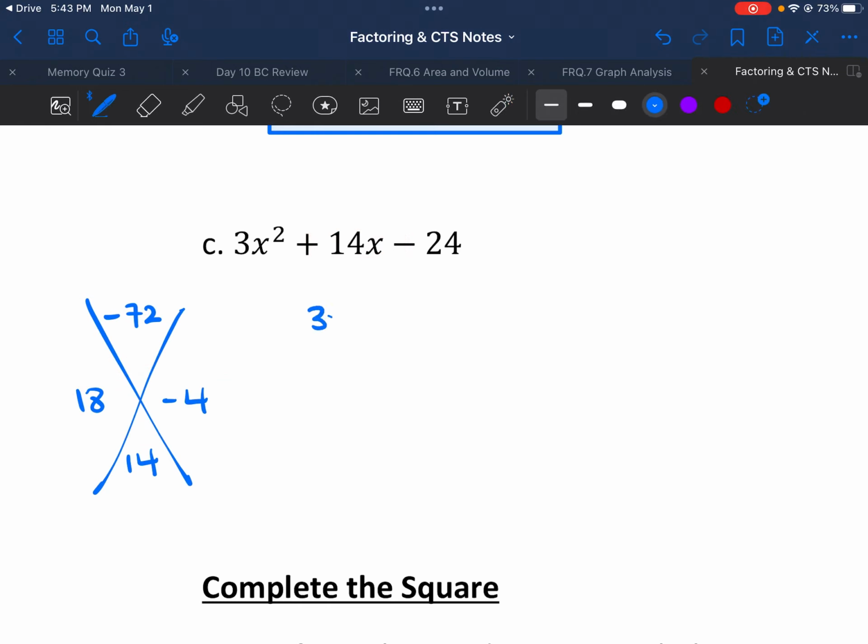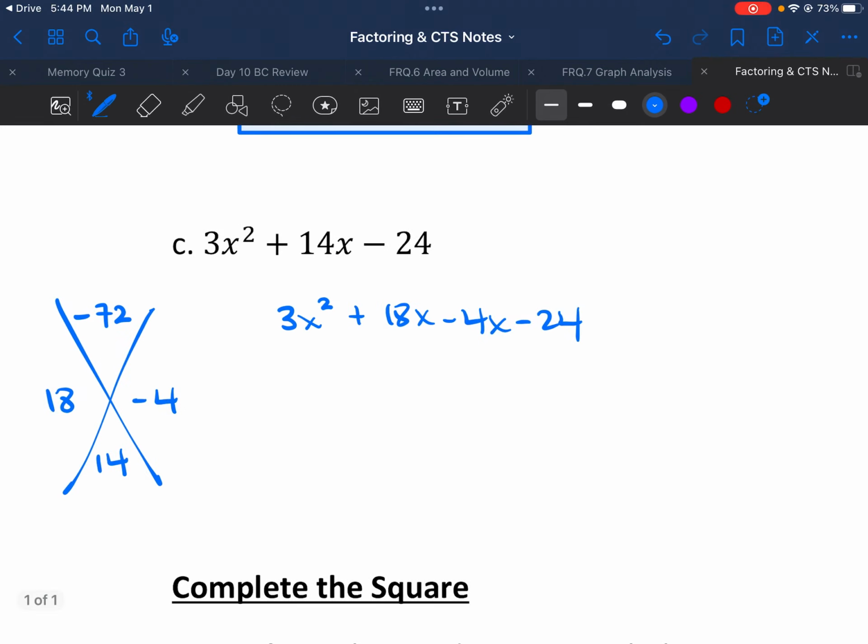So we're going to have 3x squared plus, now instead of 14x, we're going to have 18x minus 4x minus 24.